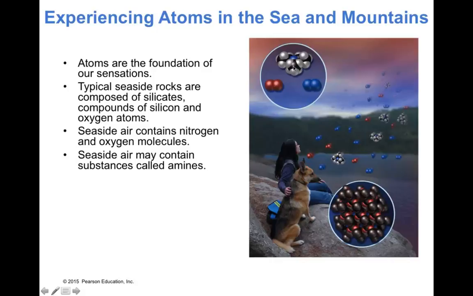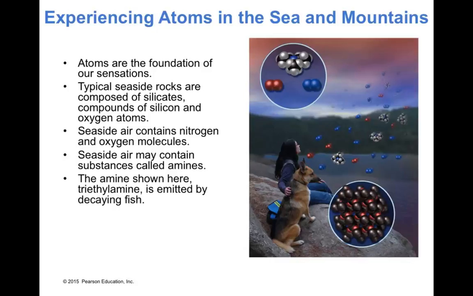So most of the time that we can find a molecule with one nitrogen and carbons and hydrogens, those are known as amines. The amine shown here, triethylamine, is emitted by decaying fish. Triethylamine contributes to the fish smell of the seaside.